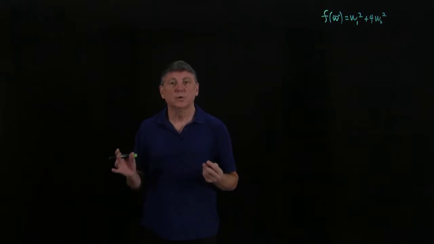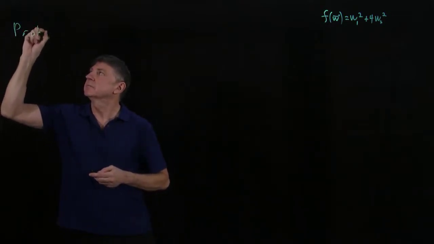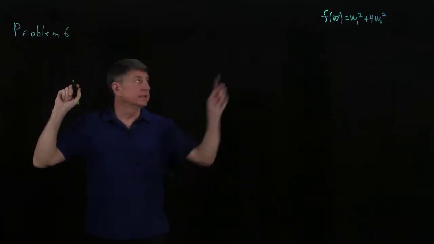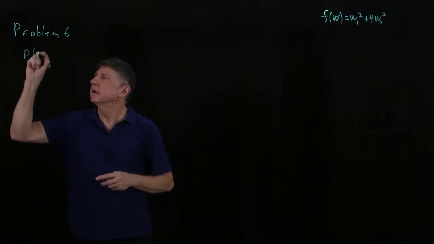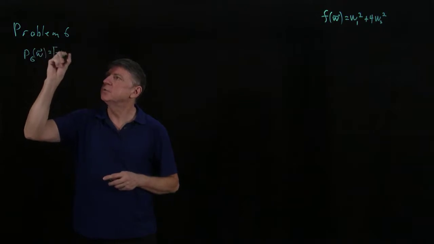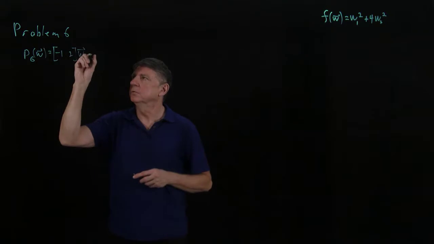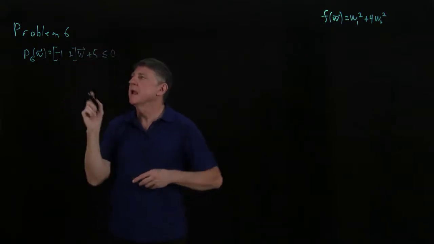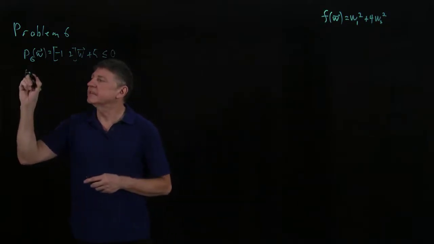When we look only at the second constraint, that leads us to problem 6. Problem 6 is this same objective function, and now property 6 of our vector argument was minus 1, 2 times W plus 5 has to be less than or equal to 0. We could rewrite that.